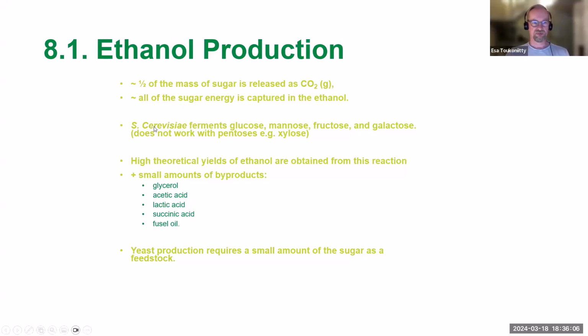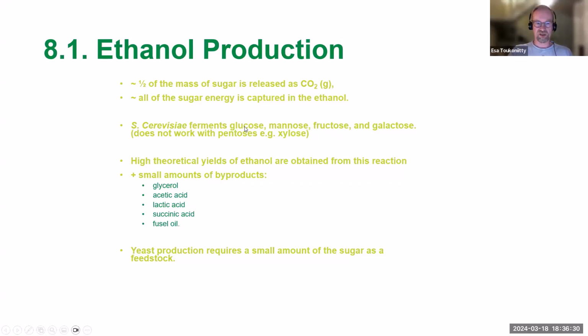This comes to the fact that this yeast, baker's yeast, can help to ferment these 6-ring sugars very easily. Here mentioned glucose, mannose, fructose, and galactose. Cellulose is made only from glucose.